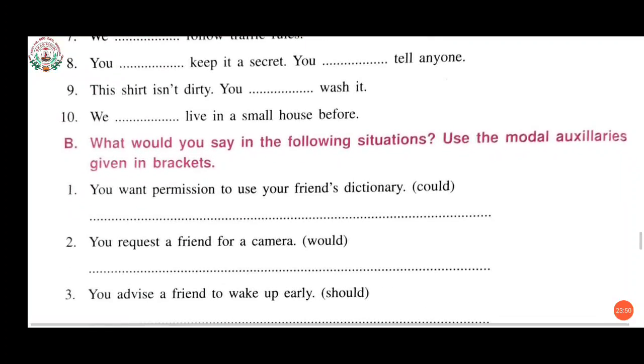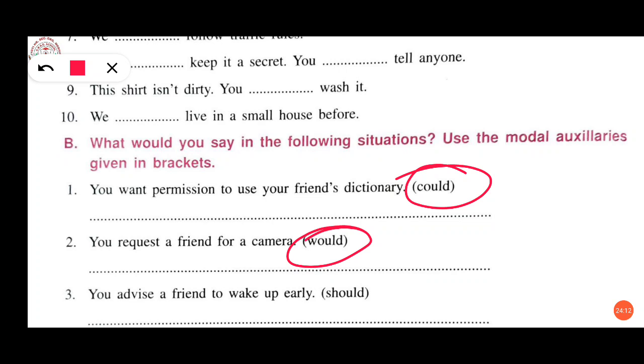See B1. B question is: what would you say in the following situation? The sentences are given here according to the situations. Use the modal auxiliaries given in brackets. Here in the first one you can see could is given, second would, so you have to use all these modals. First question: you want permission to use your friend's dictionary.